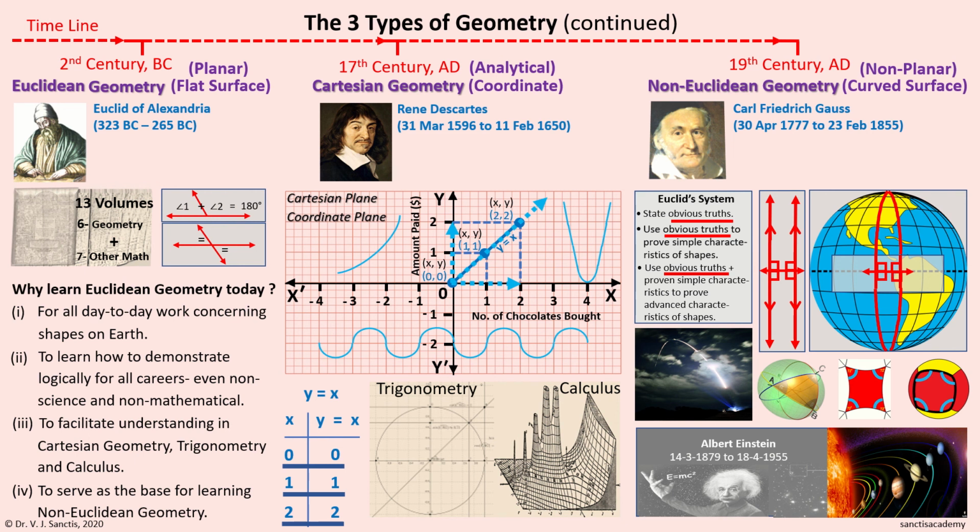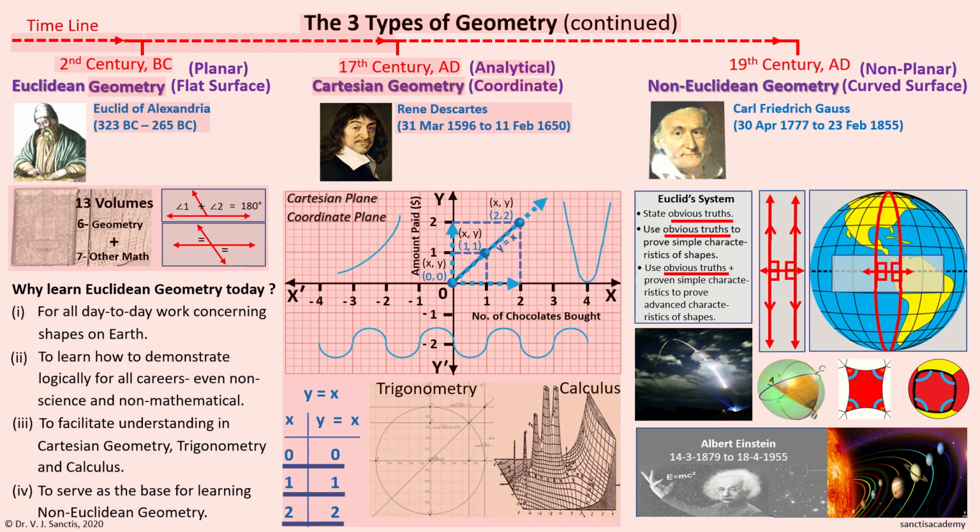Okay, now to summarize and remember what we learned in this video. The purpose of this video was to see the third of the three types of geometry. We first noted the first two types of geometry, which we had studied in the previous video.